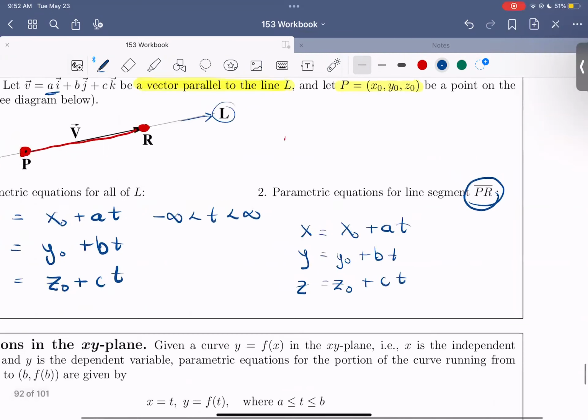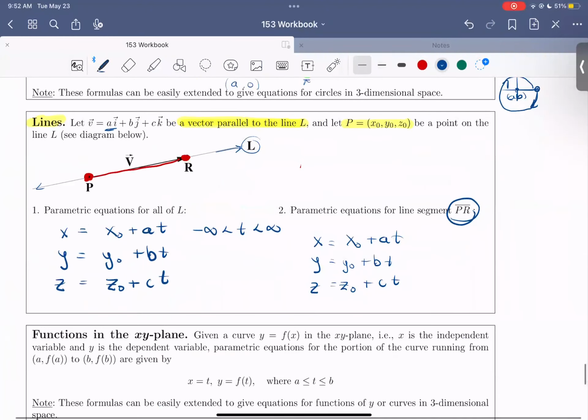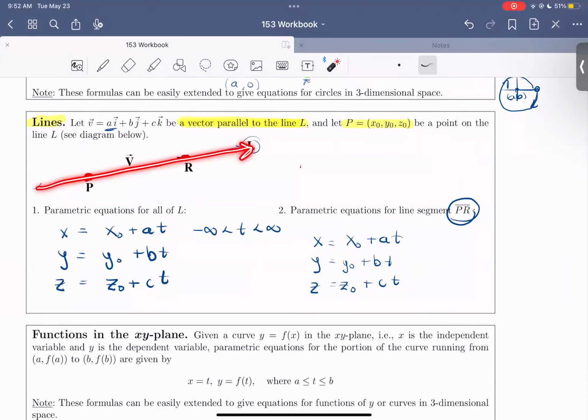But what's going to be our values of t now? We don't want to trace across everything. We only want to trace across P to R. Well, notice that when we're at P, t is going to be 0. So we want to start at t equals 0. And then R is the end of the vector V. So when we're at R, t will have just increased by 1. So we'll have t just go between 0 and 1.